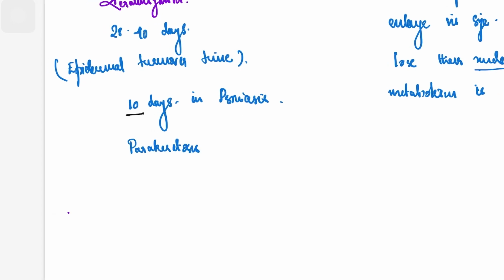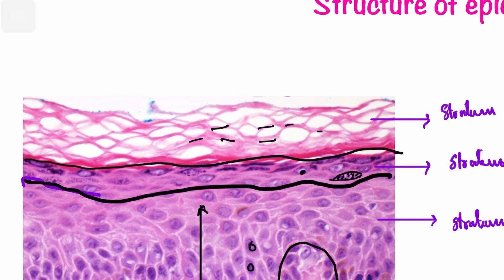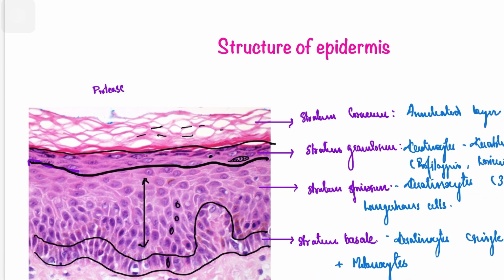Parakeratosis is retaining nuclei in stratum corneum. And this stratum corneum has to be shed. Okay, this stratum corneum has to be shed with the help of proteases and sulfatases.